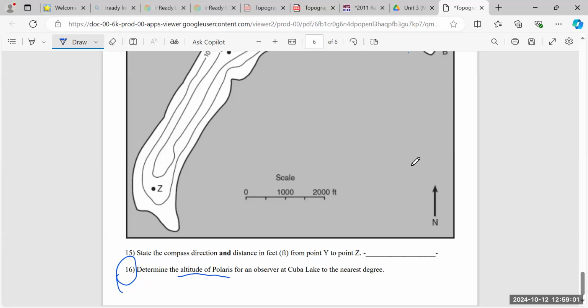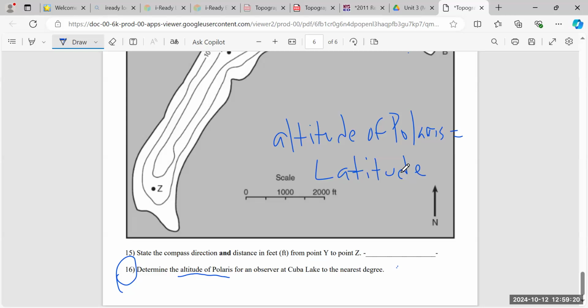And what do I know about the rule? The altitude of Polaris is equal to my latitude. I'm just not writing degrees north, okay?